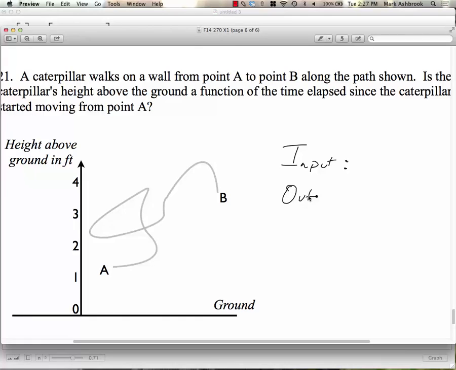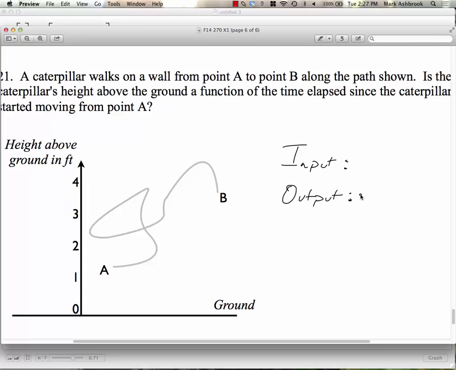So the input would be the t value, output. So maybe like how we're talking about here, where our interval would be some time from some beginning.